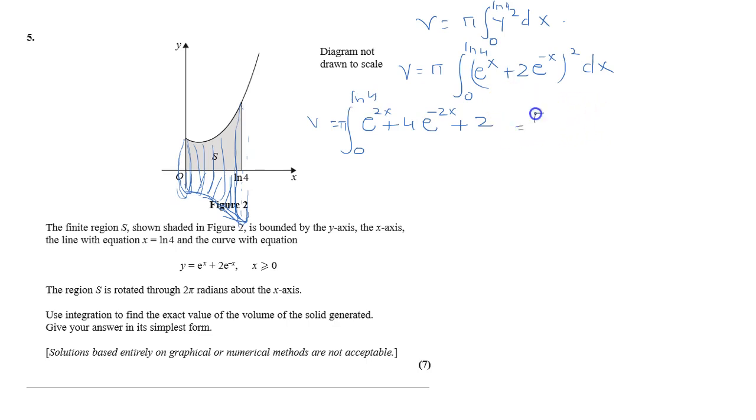Now integrating, pi times e to the power 2x over 2 plus 4 e to the power minus 2x over minus 2 plus 2x, from 0 to ln 4.